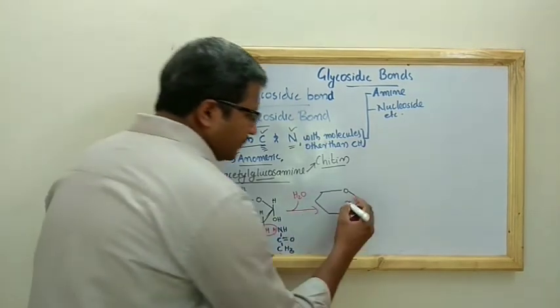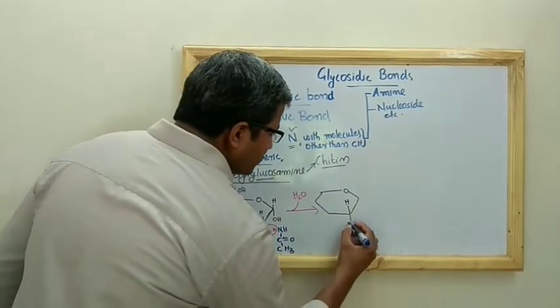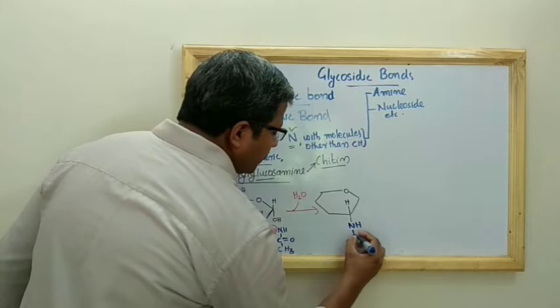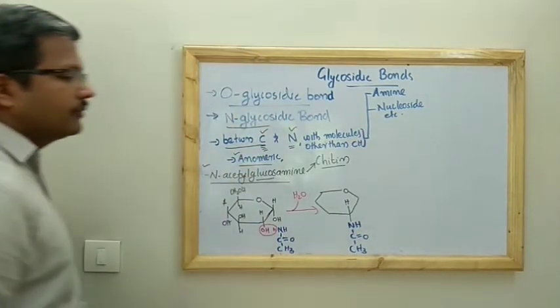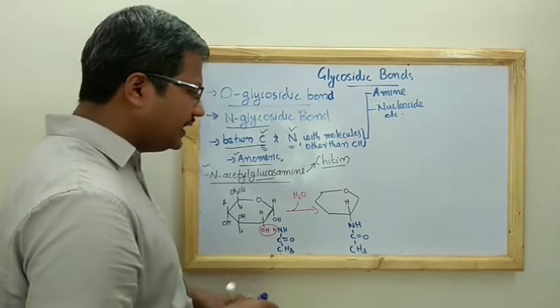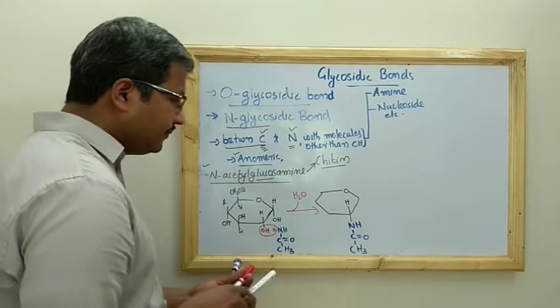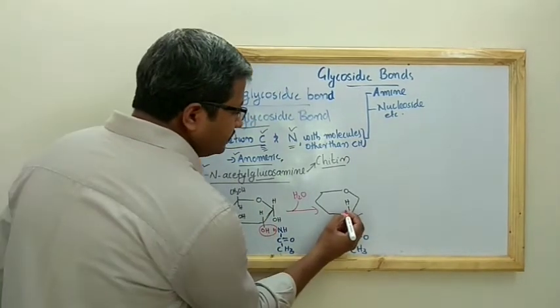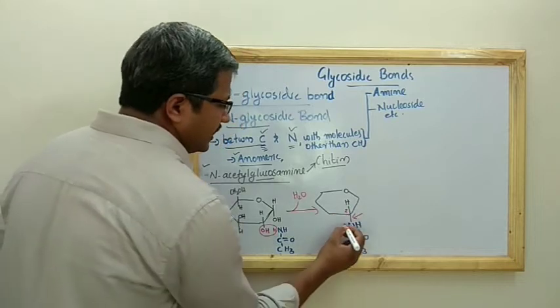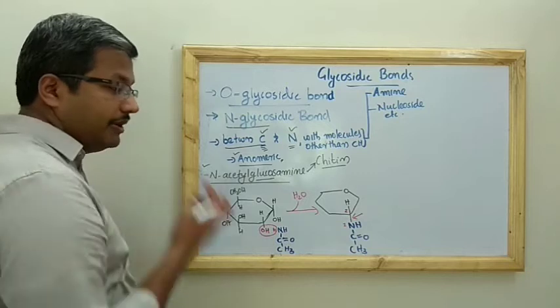So H, then NH, C double bond O, CH3. So this is actually the N-acetyl glucosamine, where you can see the N-glycosidic linkage here between the second carbon and the nitrogen of the acetylamine.